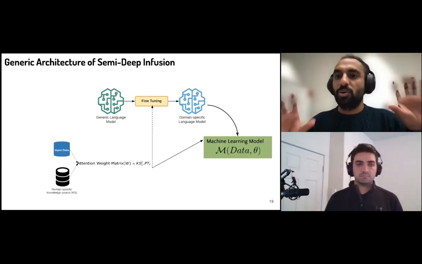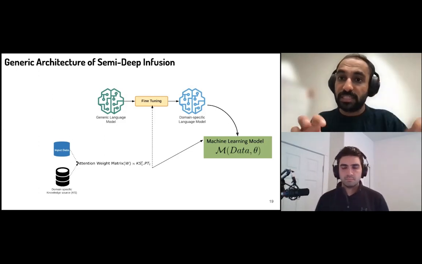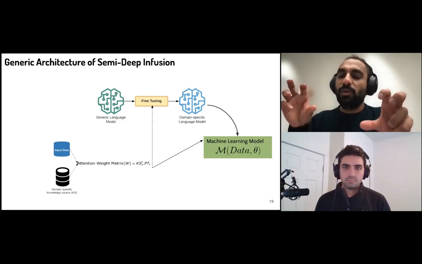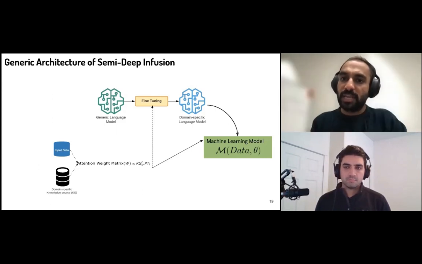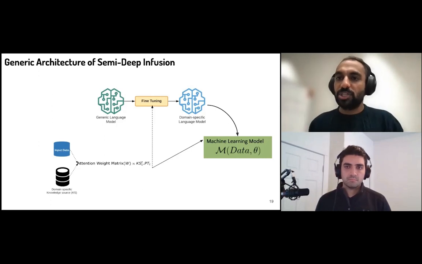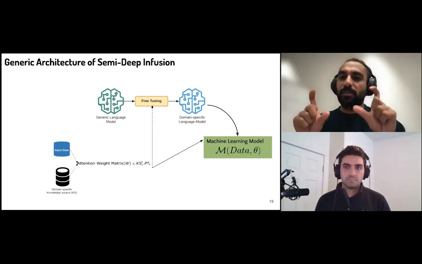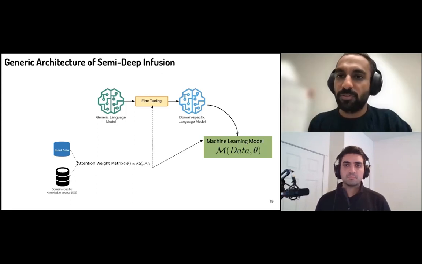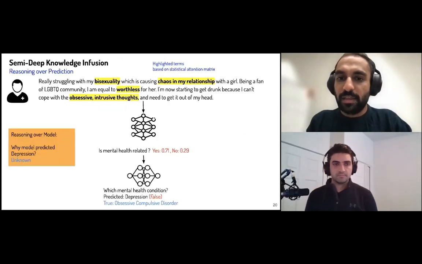So the attention lies only on the terms that have very high importance scores with the concepts, and you only take those words' representation from the domain-specific language model. Great, right?